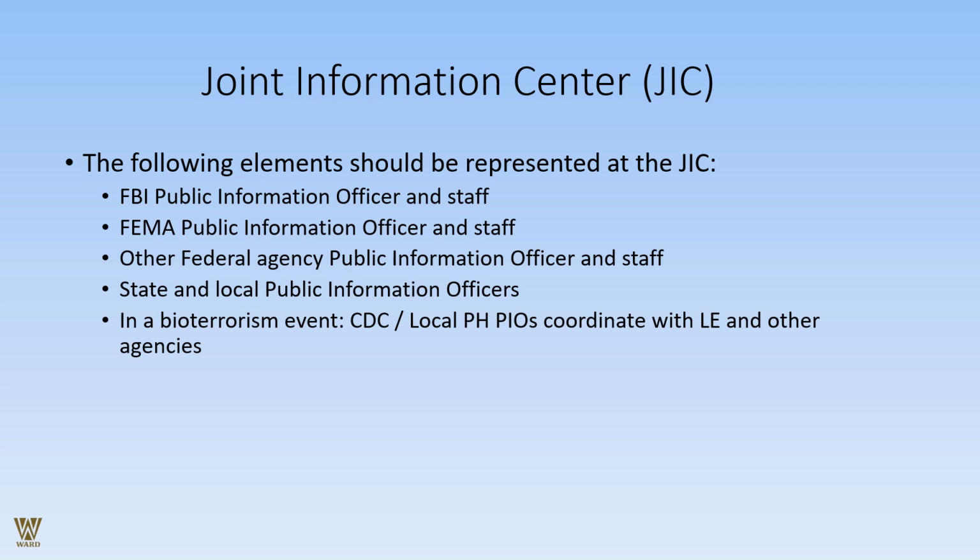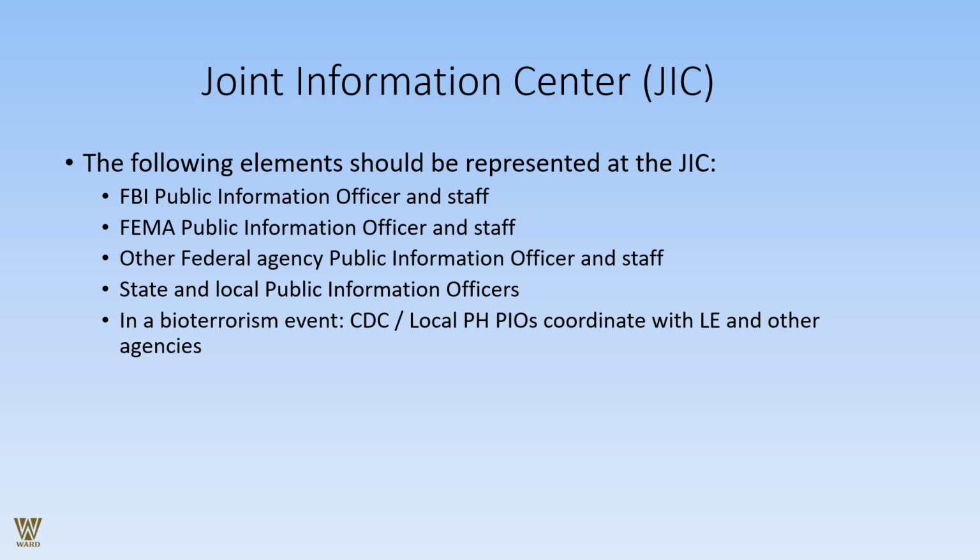The following elements should be represented in the joint information system. Let's say the FBI, or Federal Bureau of Investigation. What do we do about it? They should be giving me the public information as the case might be. So the FBI tells everything that needs to be done. Then we have FEMA, though FEMA might be the Foreign Exchange Management Act, perhaps.